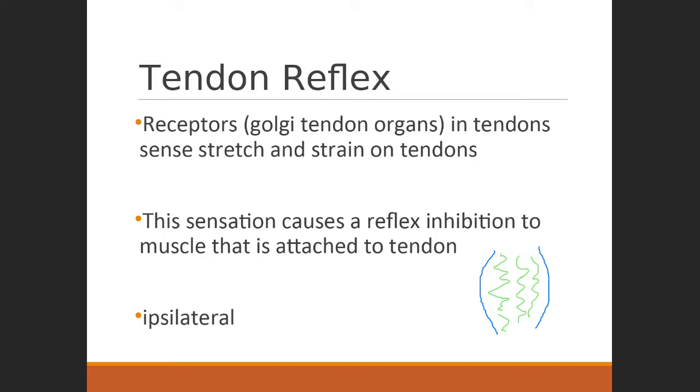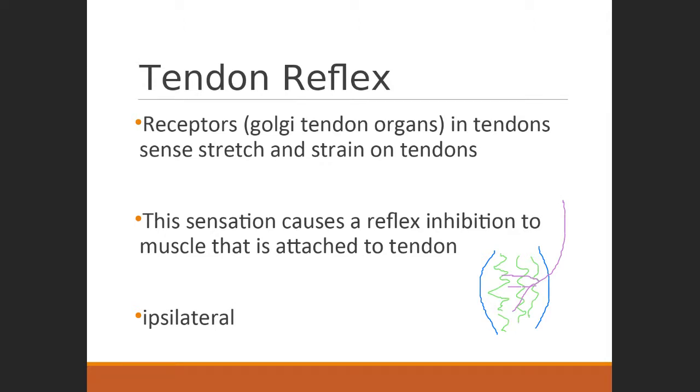Interspersed amongst those loose, slack collagen fibers are going to be our fine nerve endings that are going to be part of our nerve. They just hang out there in between those slack collagen fibers. Golgi tendon organs sense stress and strain on a tendon.